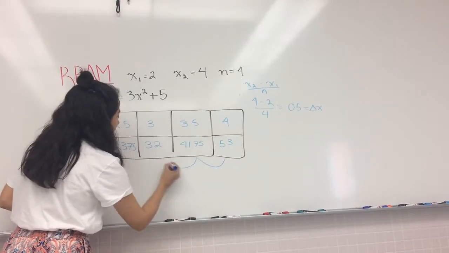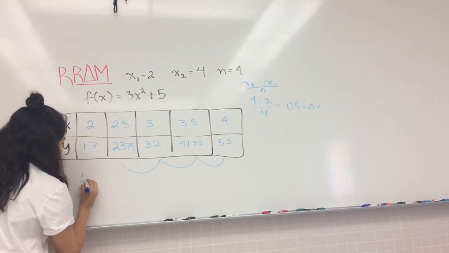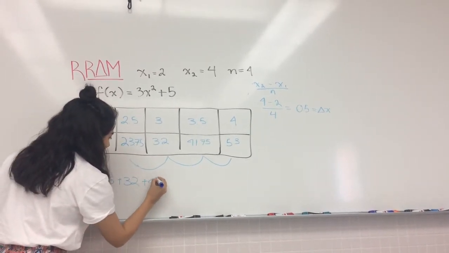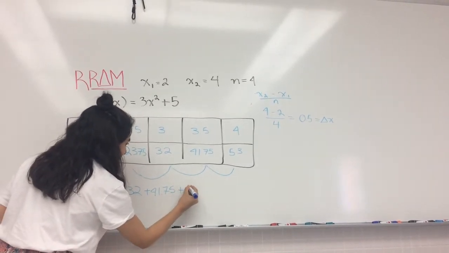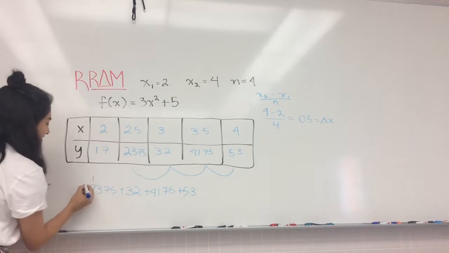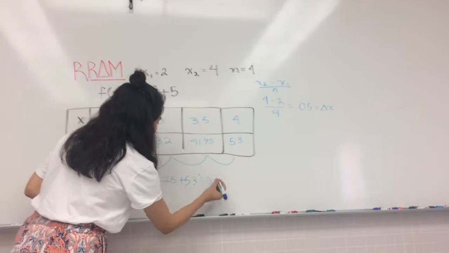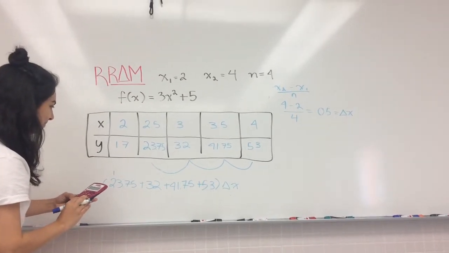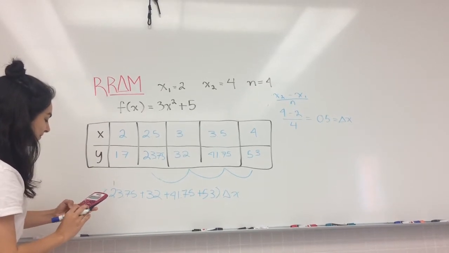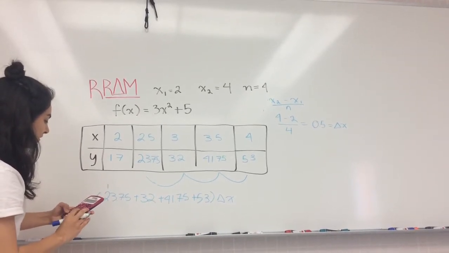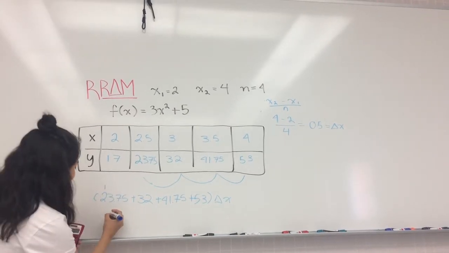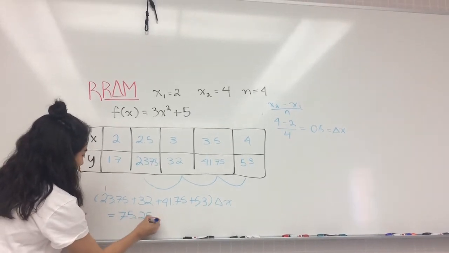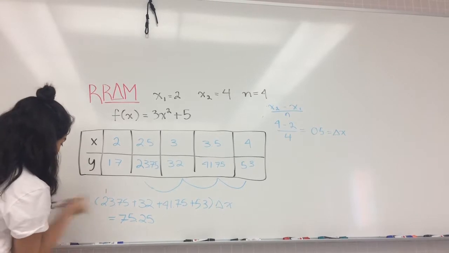So we add everything here and multiply it by delta x. Now we plug it in the calculator. And the final answer is 75.25 units squared.